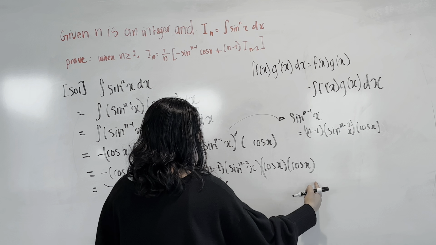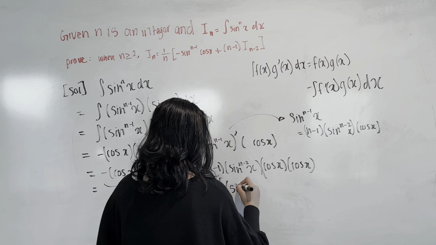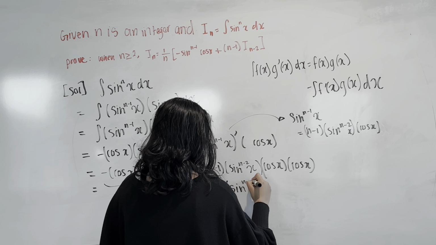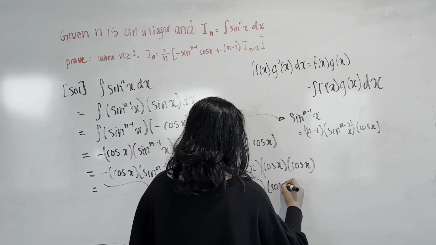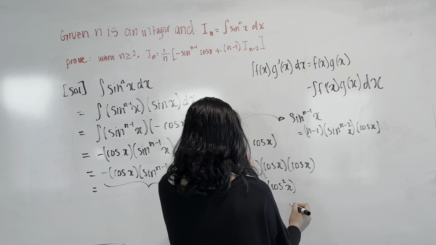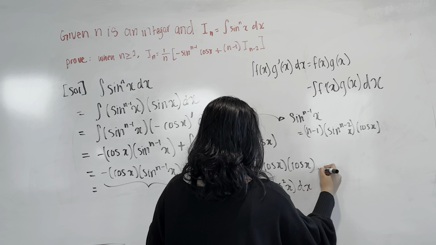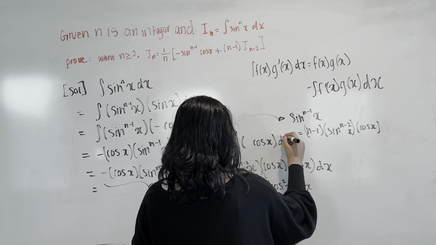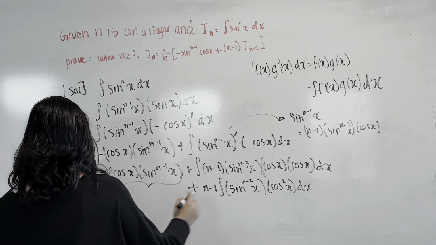And we can write everything as it is. So sine of x to the power n minus 2 times cos square x dx. Forgot dx. Okay, dx over here.